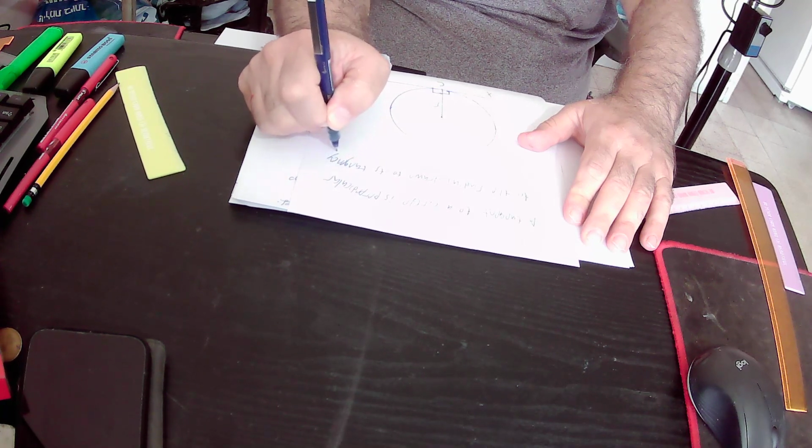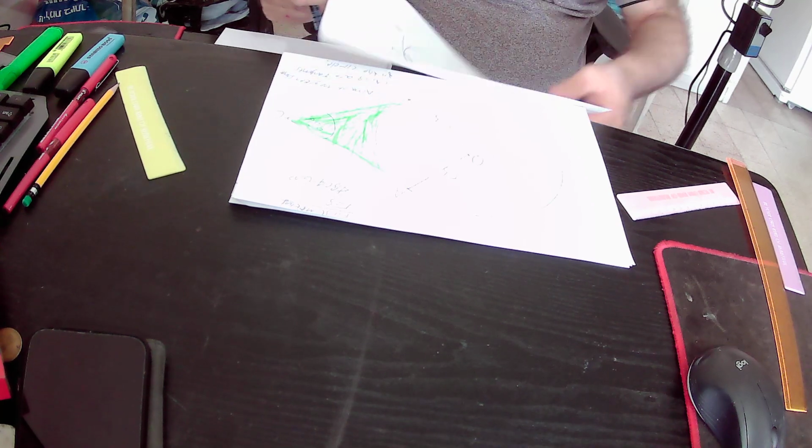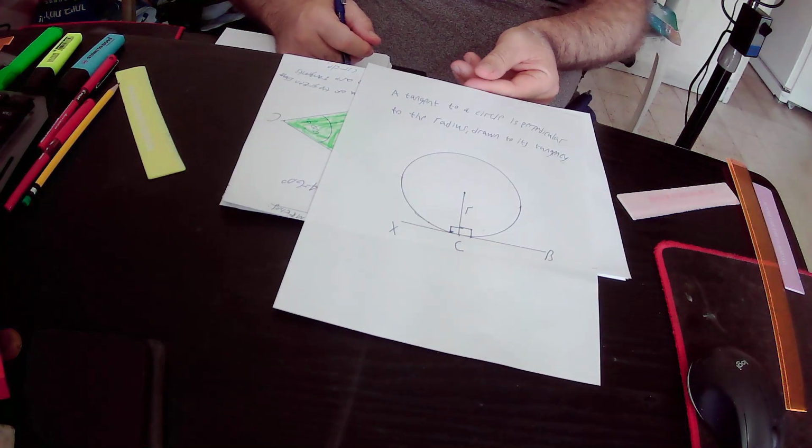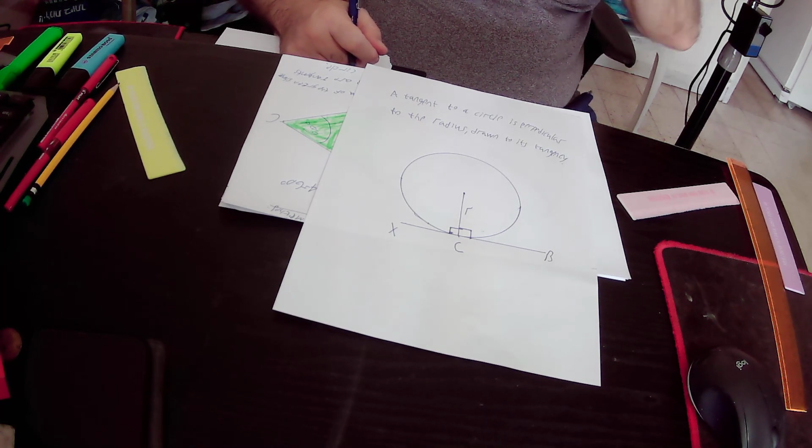I will read the rule again. The rule states that a tangent to a circle is perpendicular to the radius drawn to its tangency.